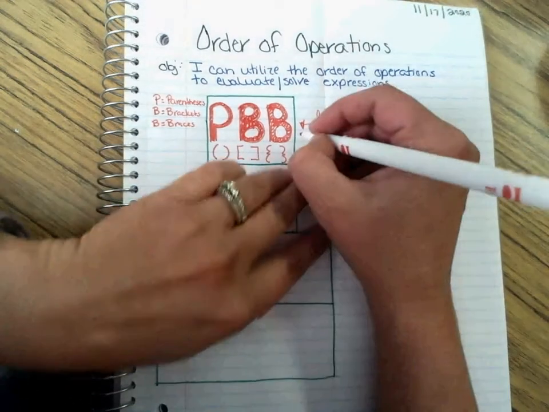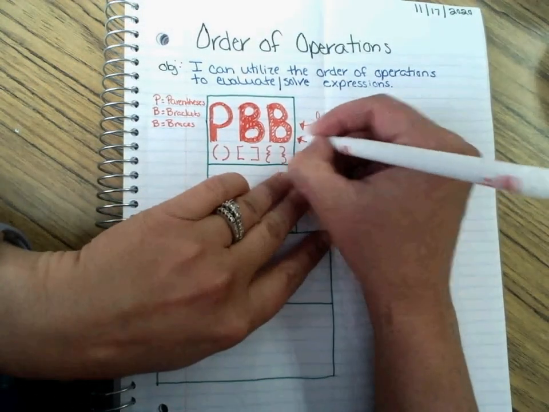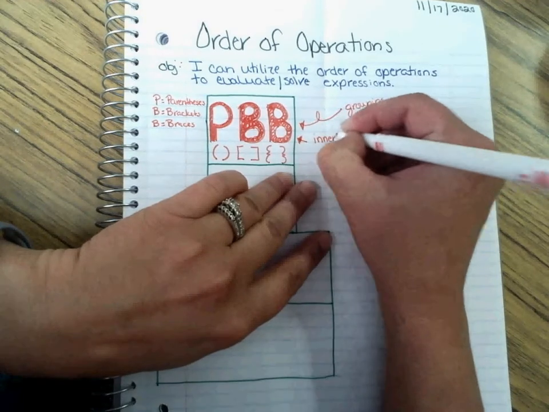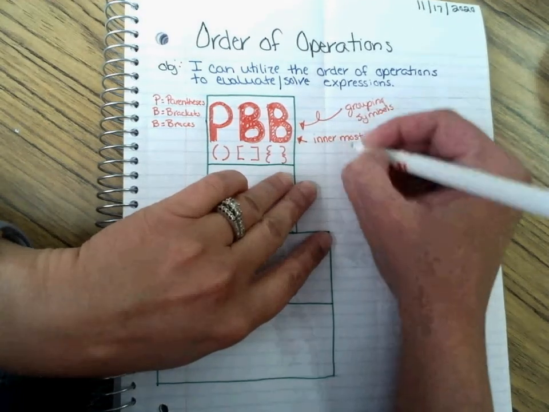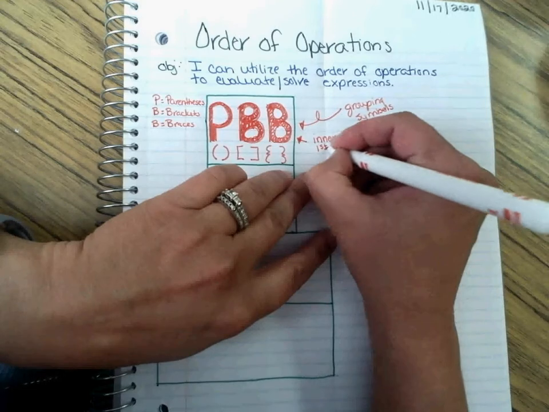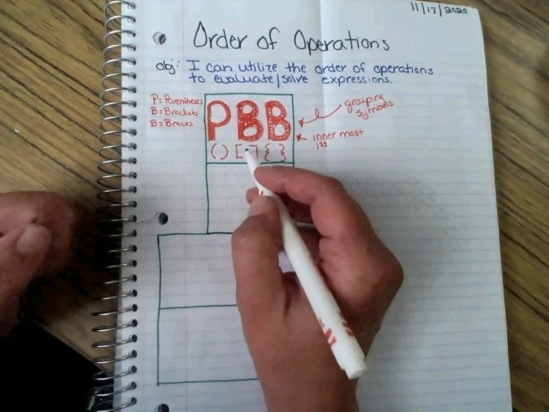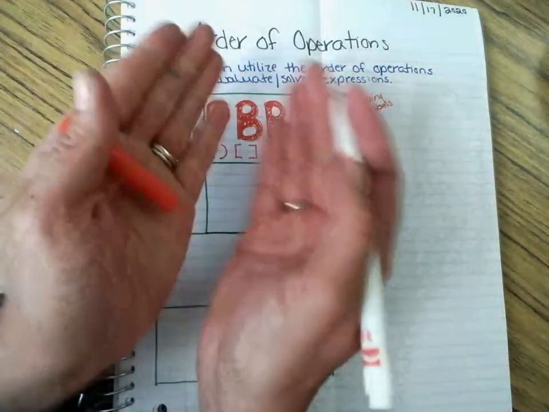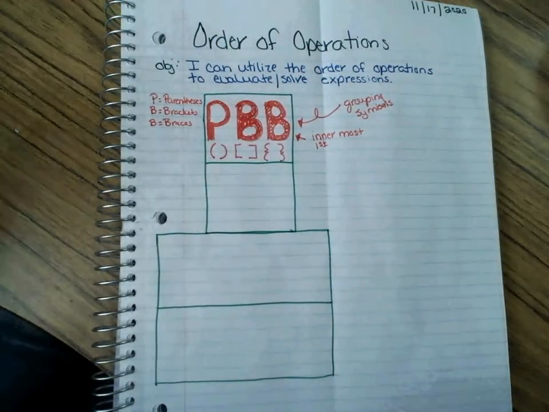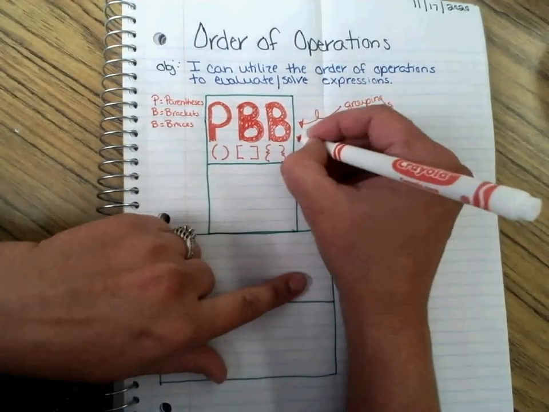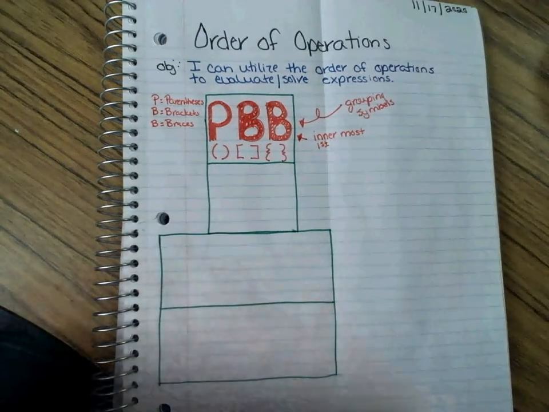We're going to work the innermost first. Okay, so if they're embedded, so say there's some parentheses inside some brackets, we work the innermost first, and then we work our way out. Okay, so we always work the innermost first.